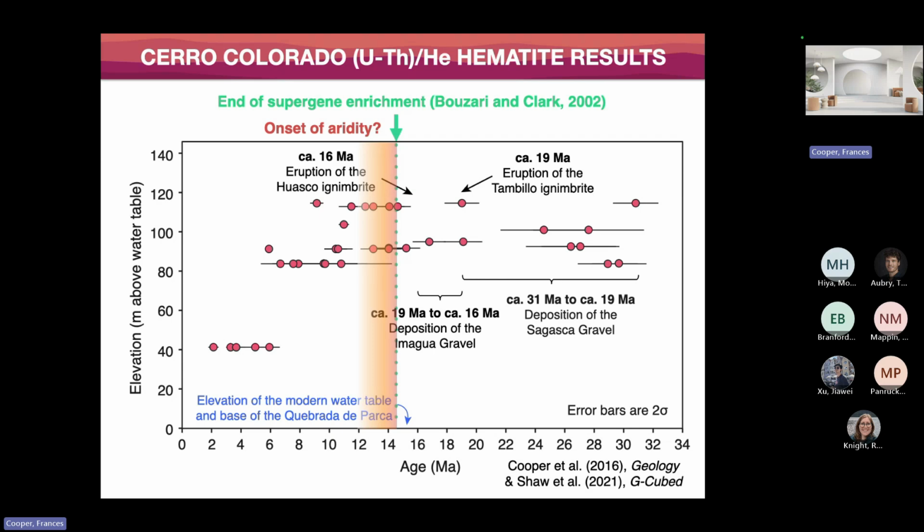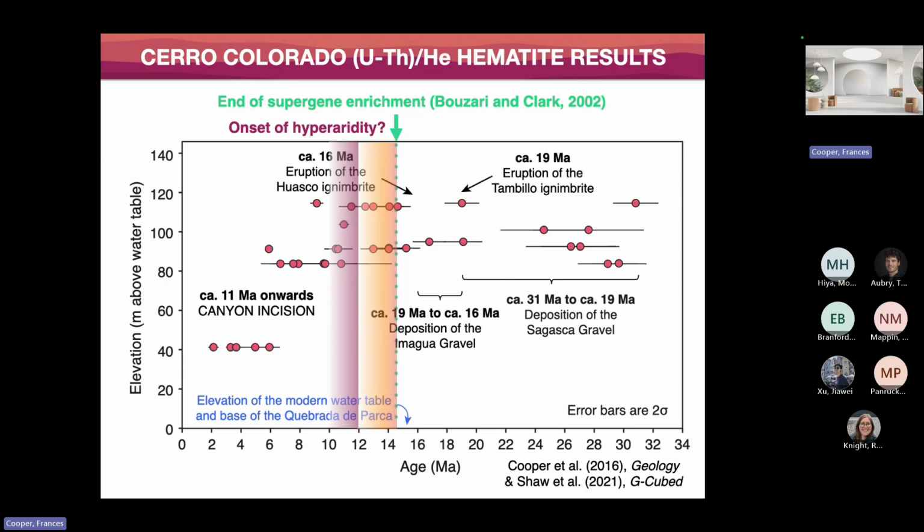So depending on where you are, that interplay between aridity and supergene enrichment is not always exactly clear, and that's one of the things that we're investigating. Potentially that could be the beginning of the onset of aridity, but it's not until about 10 to 12 million years ago that it's thought that true hyperaridity, down below 50 millimeters per year of annual rainfall, really started to take hold.